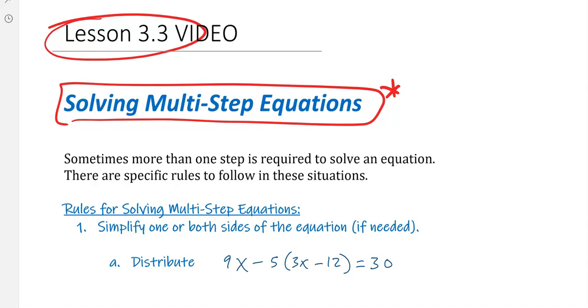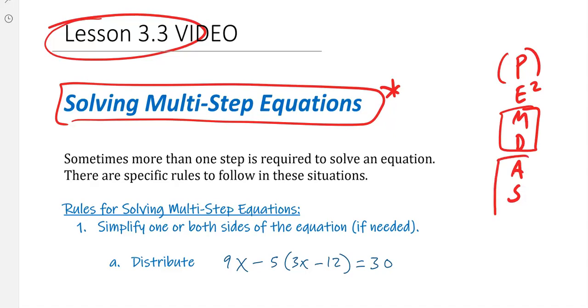Now remember the order of operations, when you're simplifying expressions, is PEMDAS, right? You do stuff that's in parentheses first, then you do stuff with exponents, and then you do any multiplication or division from left to right, and then you do any addition or subtraction from left to right.